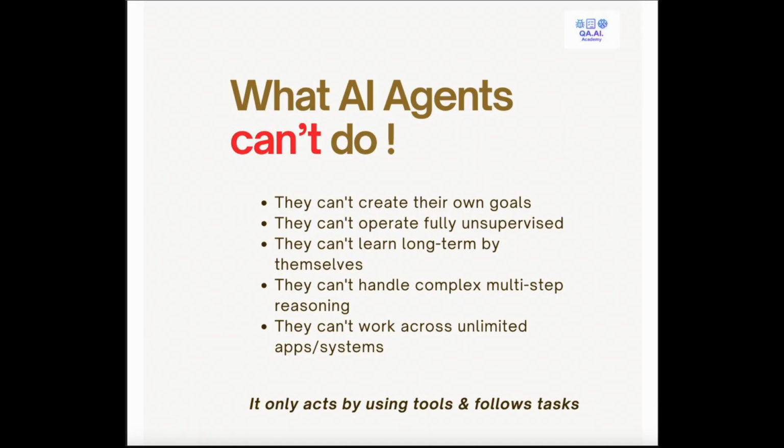Let's see now what AI agents can't do. As I have mentioned here, they can't create their own goals and can't operate fully unsupervised. What does this mean? In the previous example, we saw how an AI agent can be used for QA. If I tell an agent to run a smoke test on the staging environment, it triggers the automation, checks the result, collects the logs and summarizes failures.